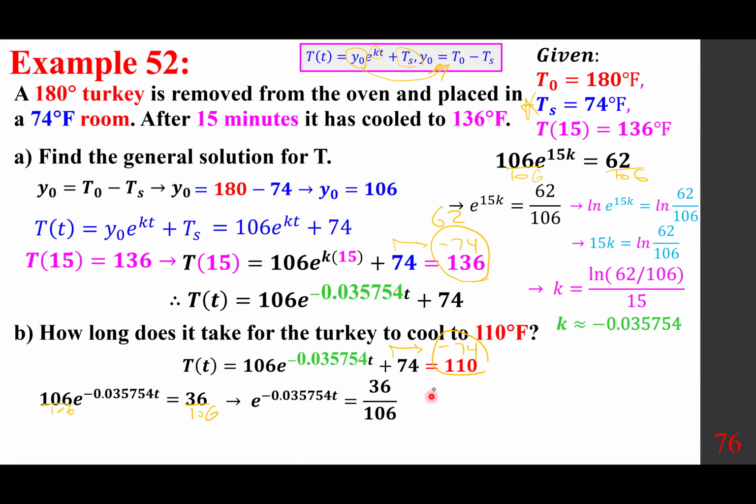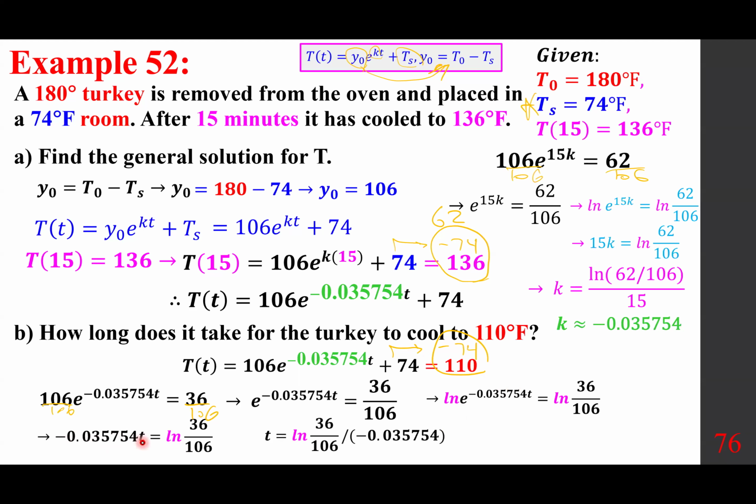I'm not going to do that. I just want to continue with that. So you take a natural log of both sides, and the left side loses the natural log and the e, and it becomes simply the exponent. You divide the right side by negative 0.035754, and that gives you the t with a bunch of decimals you want to use.